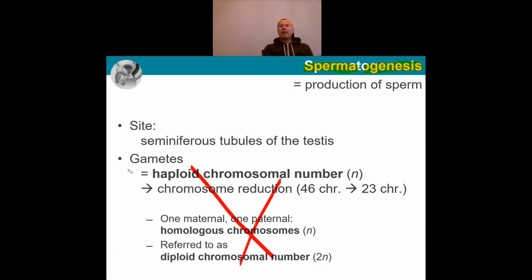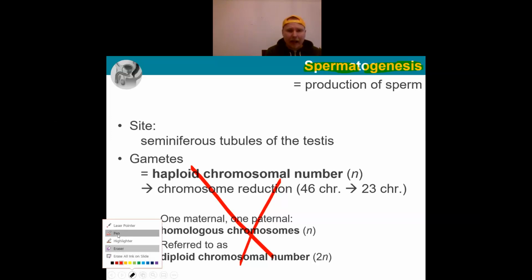The production of the sperm happens within the testis, within the seminiferous tubules, but I'm going to leave the whole discussion about controlling the number of chromosomes in the sex cells, so how we halve the chromosome number, to another time. I think that's not something we would be focusing on in this course.